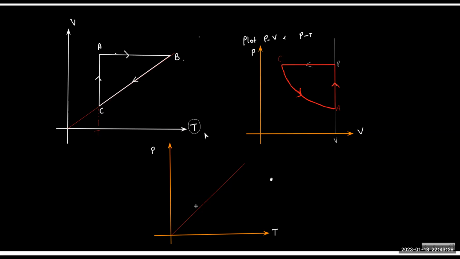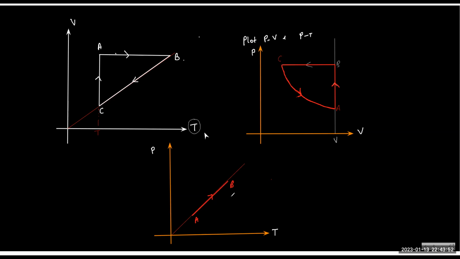So the AB will be the slant itself, right? So I think this is your AB. Yes, because when you go from A to B, temperature is increasing. So we are able to identify AB directly.